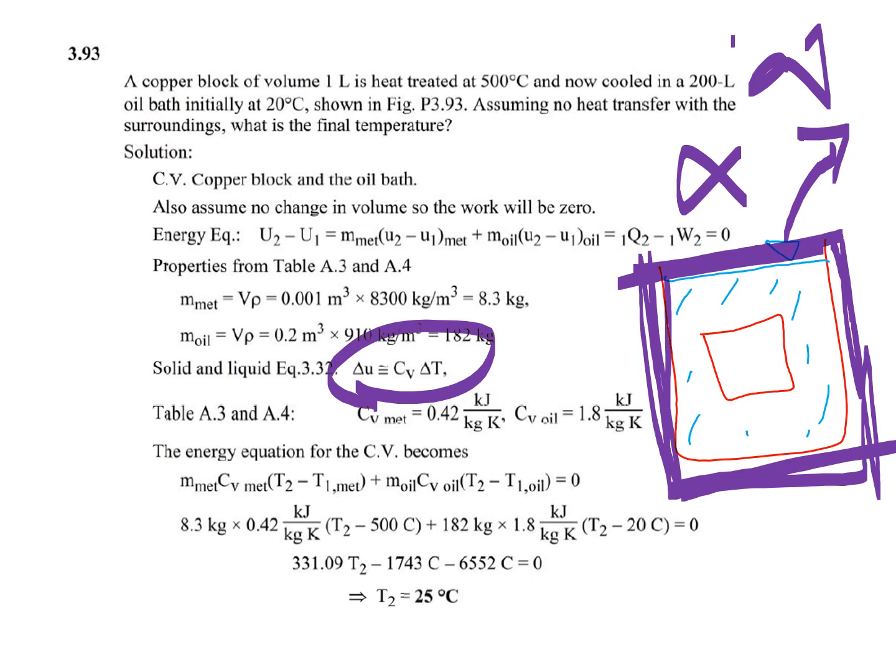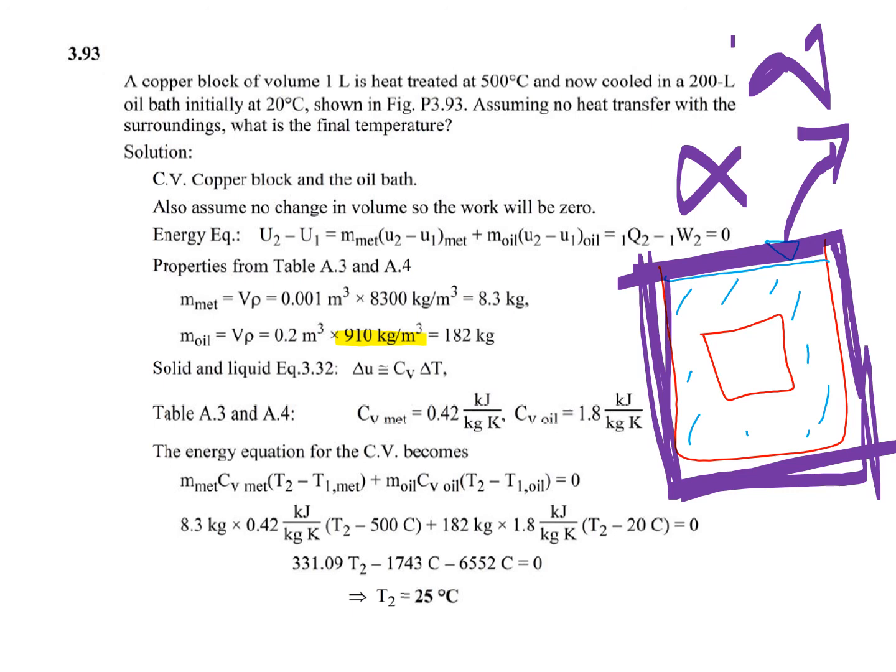For instance, we can take 800 kg per meter cube as a density, or in this case, our textbook used 910 kilograms per meter cube density for the oil.